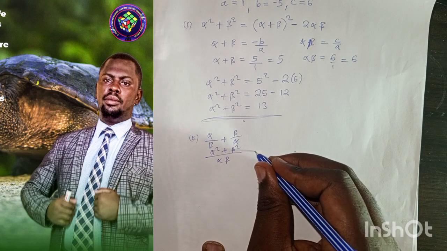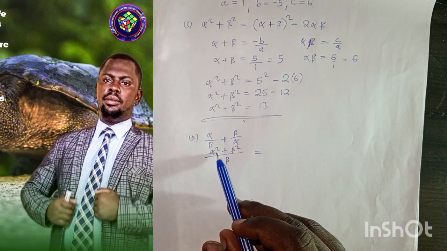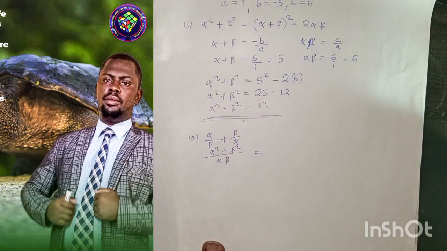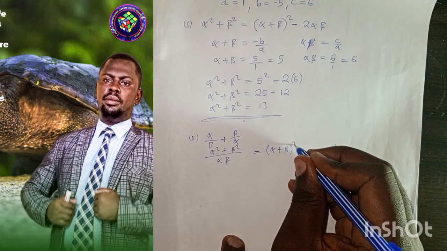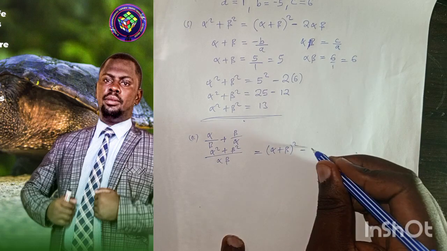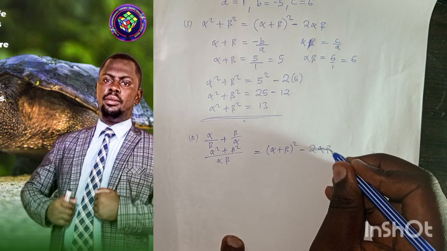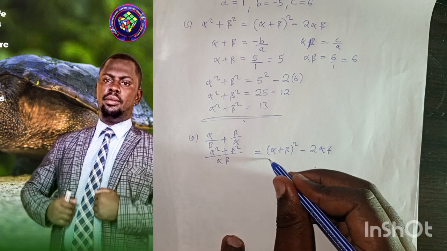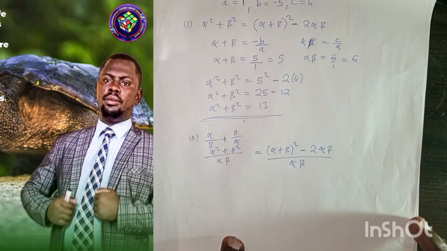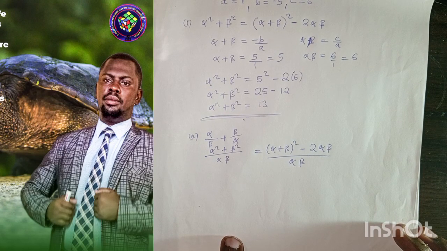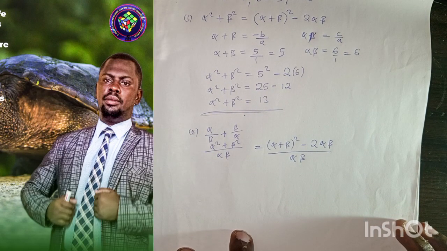Where there is alpha squared plus beta squared, again you use the identity. Alpha squared plus beta squared is equal to the square of alpha plus beta, minus 2 alpha beta, all over alpha beta. Then you do the substitutions. Alpha plus beta is 5, and the product alpha times beta is 6.